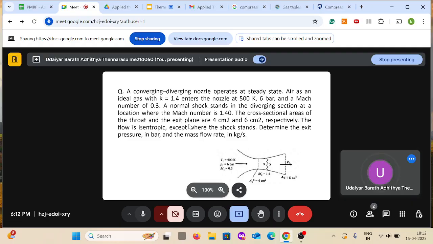So in the diverging section, you are having a normal shock wave, and that is occurring at Mach number of 1.4. So we need to find out what will be the exit pressure such that your shock is at the location where your Mach number is 1.4, and also find out the mass flow rate corresponding to it.